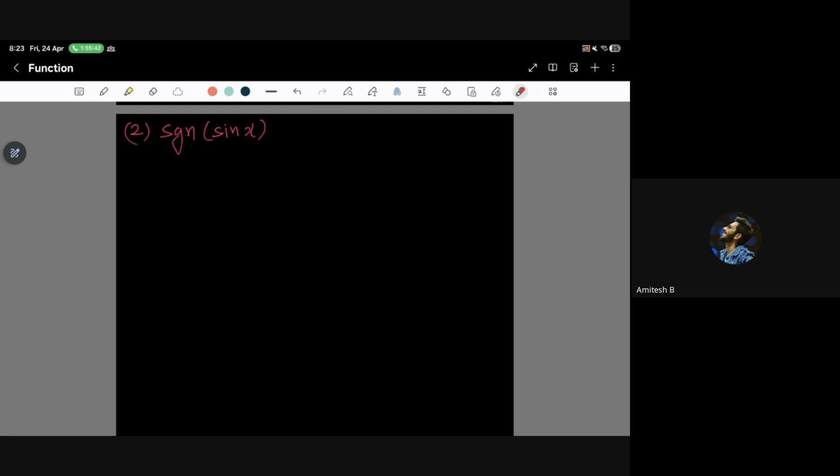What is the domain and range? Domain R, range is +1, -1, 0. Yes. So domain is all real values because sin x is defined everywhere. The range is, since the output of signum of sin x is plus or minus 1 or 0, so range will have plus minus 1 and 0.